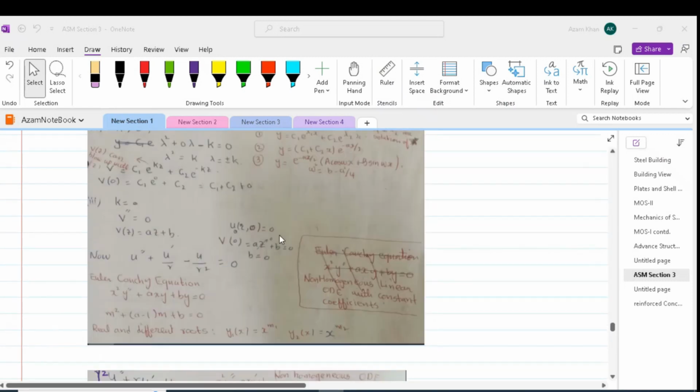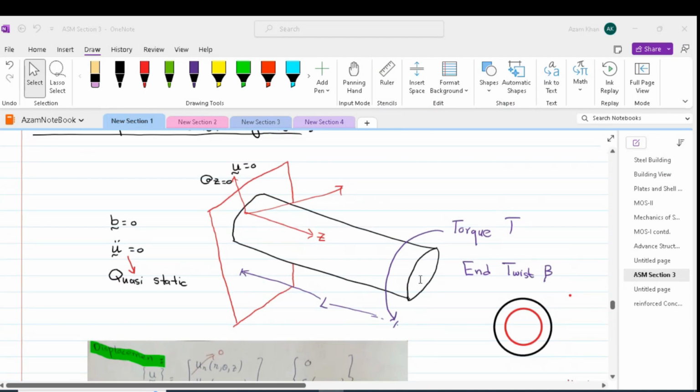Thus, if we apply direct torque over here, close to the region where we are applying the torque, we will have high disturbance. But as we move away from this region, the effect of this applied load will become smaller and smaller. At sufficient distance from the disturbance, we will have no effect of that disturbance.